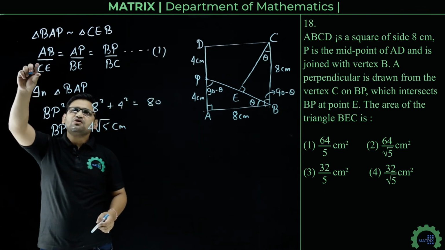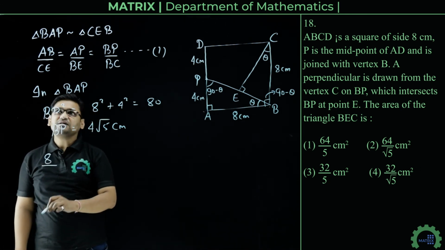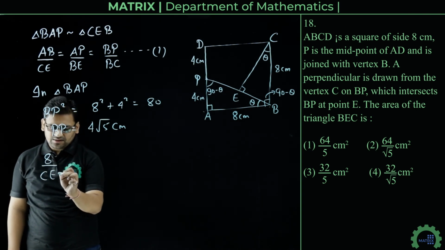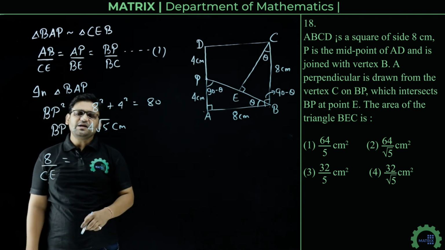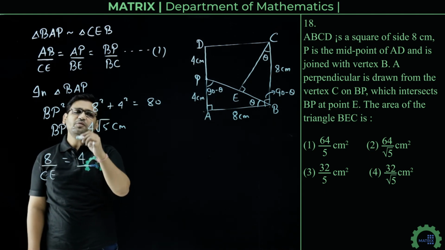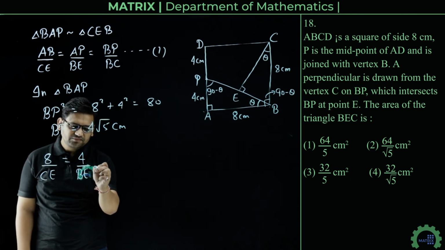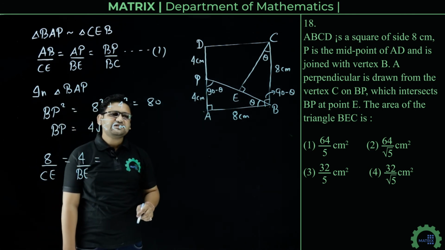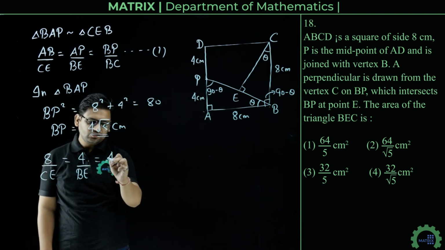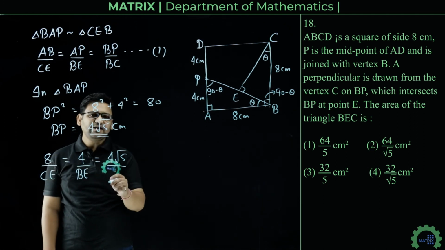Now AB upon CE: the distance AB is 8 upon CE, and we need to find the value of CE. Distance AP is 4 upon BE, and again we need to find the length BE. And BP upon BC: BP is 4 root 5, so this is 4 root 5 upon BC, and BC is again 8 centimeter.